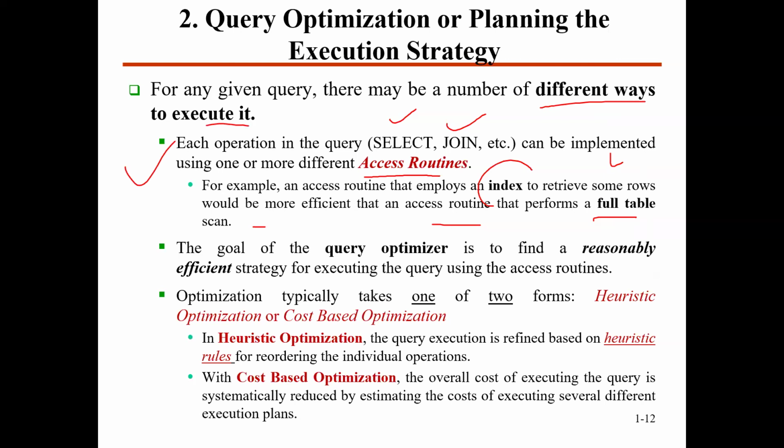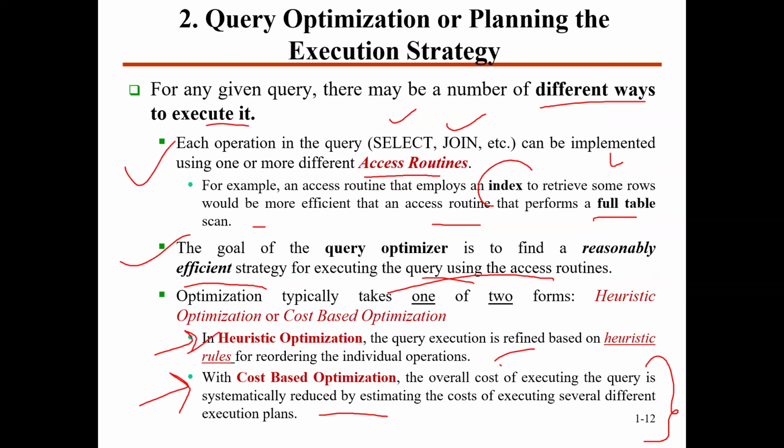The goal of the query optimizer is to find a reasonably efficient strategy for executing the query. We have been discussing how it does this. It does this by using heuristics or by using cost optimization. We solved it by using cost optimization, and the remaining chapter talks about finding the best form of executing the query by using heuristic optimization.